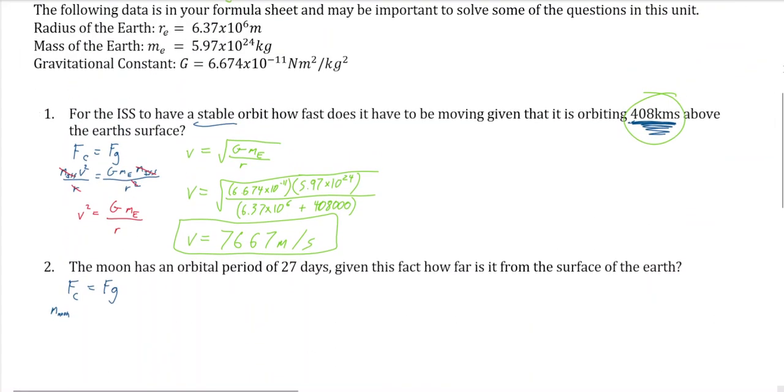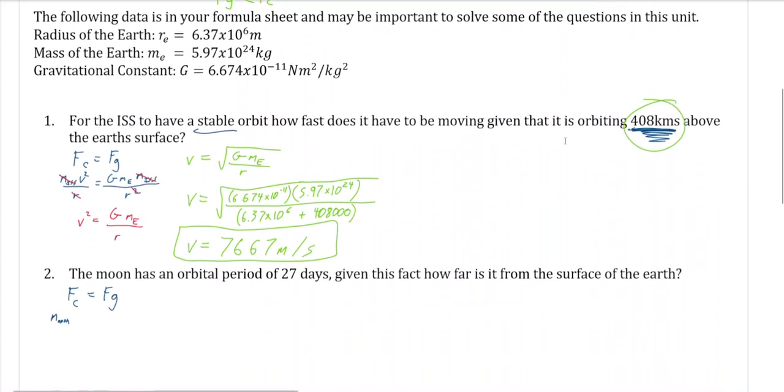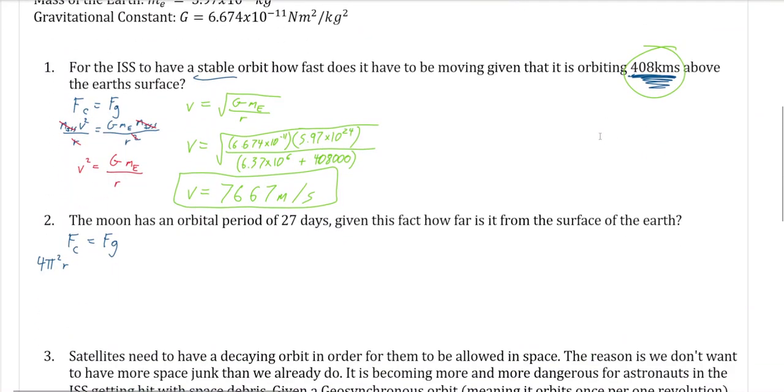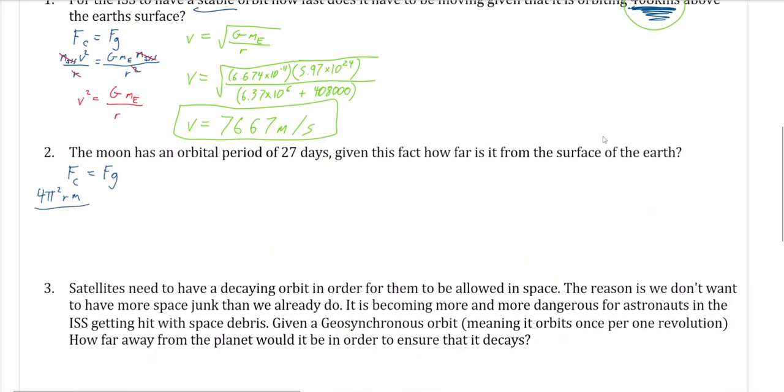We're going to use the other equation. 4 pi squared R M over T squared. Okay, and that equals FG, which is capital G M Earth M Moon over R squared. Now, the wonderful thing about this is that the masses of the moon will cancel on both sides.